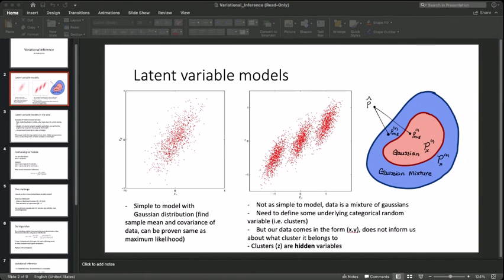I think the question is fair, but I don't think we should belabor it too much longer. Okay, fine. These obviously look like three different Gaussians, right? So if we're thinking in terms of latent variable models, I might say I'm going to generate data from the first Gaussian.